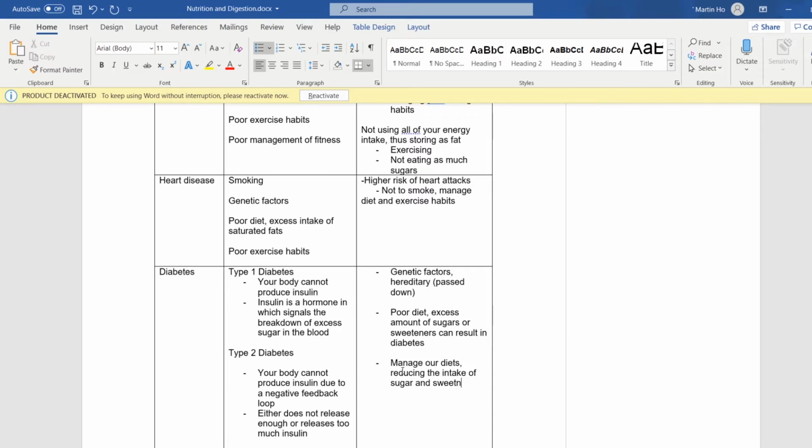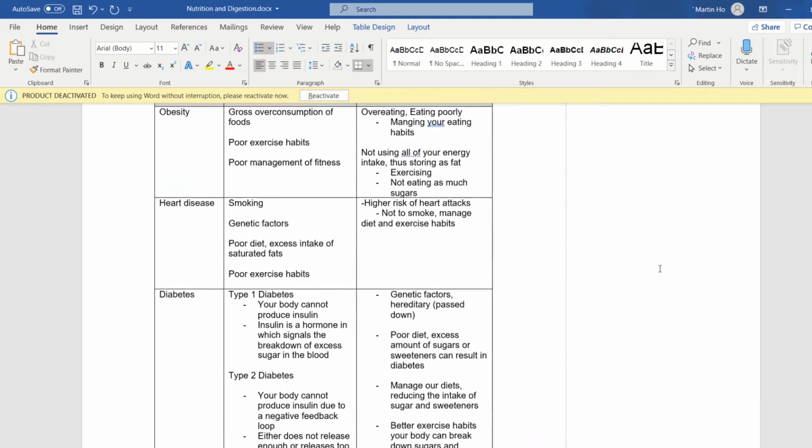The less sweets we eat, the lower the risk of diabetes. However, of course, with genetic factors, this is not always 100% possible, but it does reduce the risk. Lastly, again, better exercise habits ensure that your body can break down sugars and release energy more efficiently.